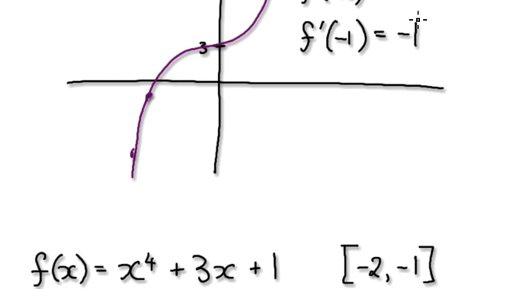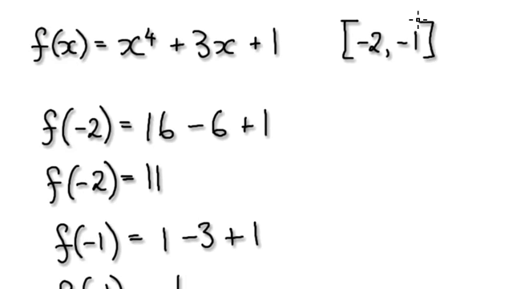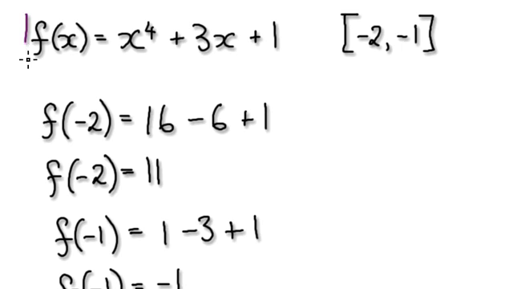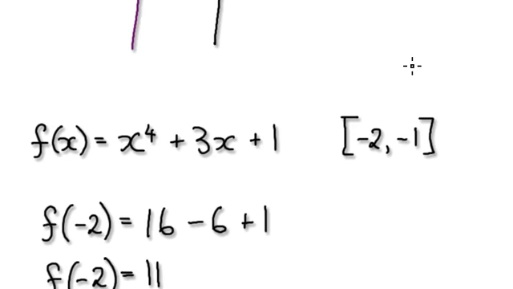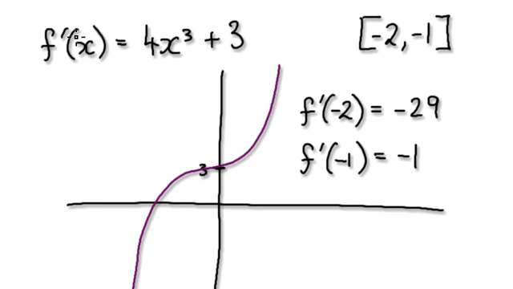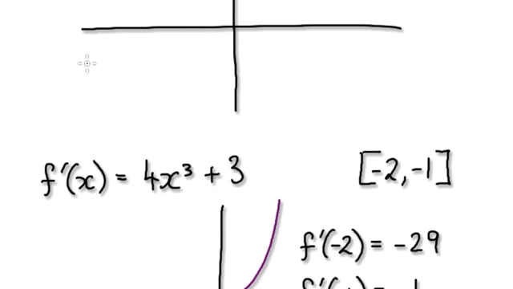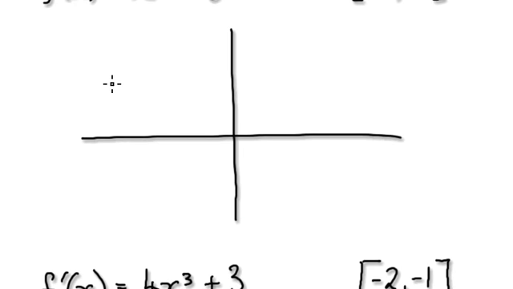So we know that the derivative here is always negative. That could only mean the original function must be falling all the time.